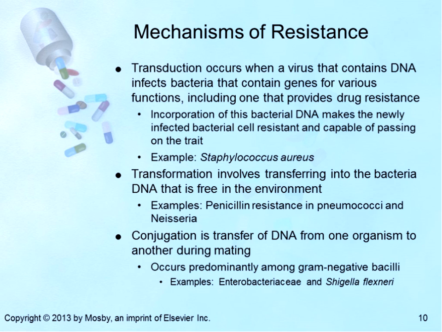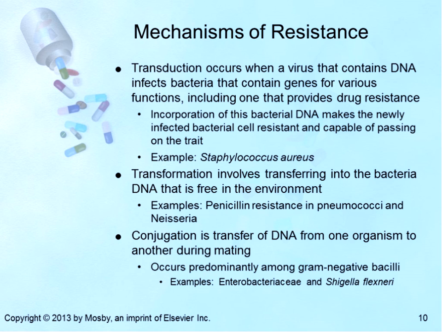Resistance also occurs through bacterial mutation via transformation, conjugation, and/or transduction, with the resultant mutated form resistant to one or more classes of antibiotics. Transduction occurs when a virus that contains DNA infects the bacteria.